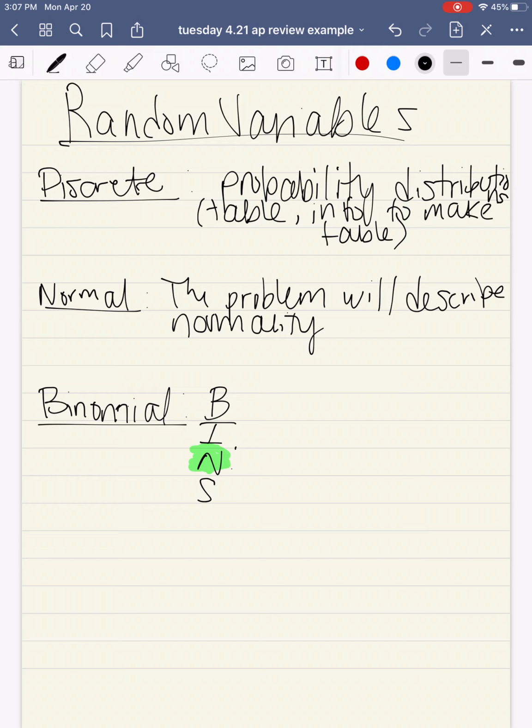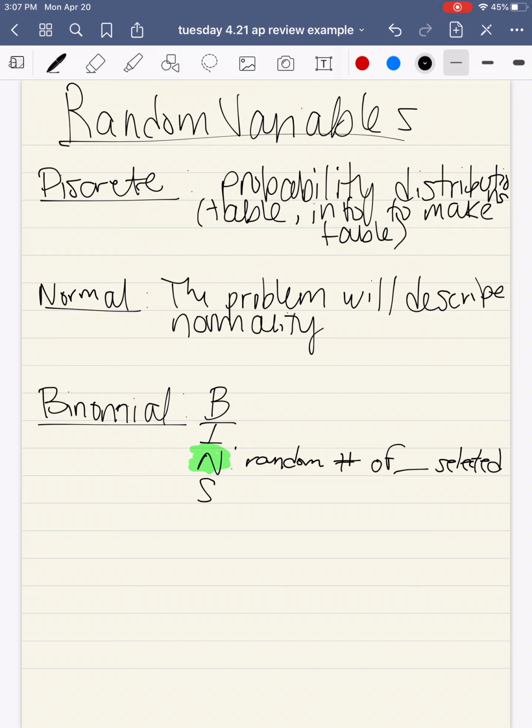Here they will give you, most times they'll say, a random number of something is selected. So here, they're telling you in saying that a random number of something is selected, that number is going to be your number of trials.